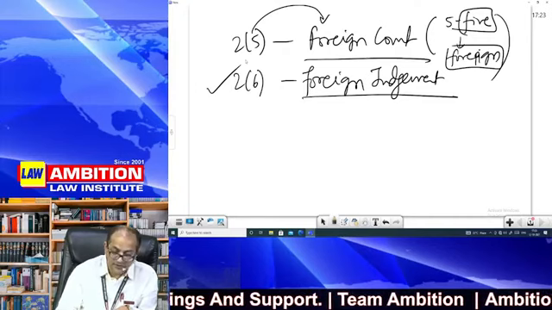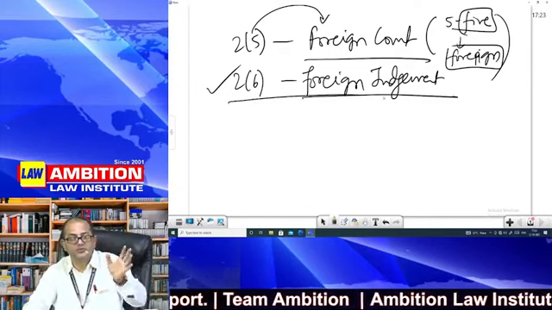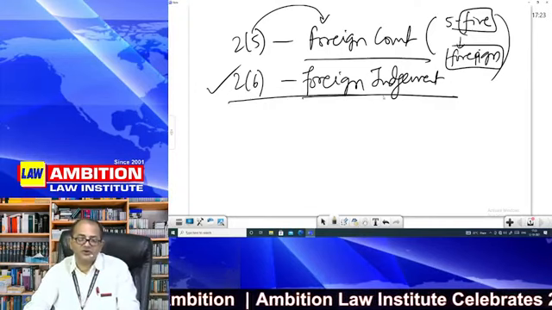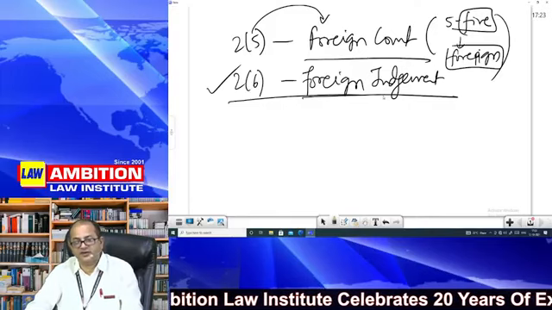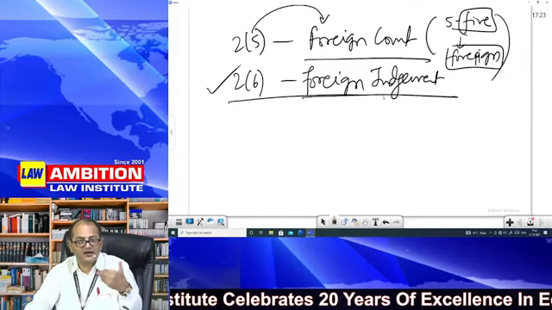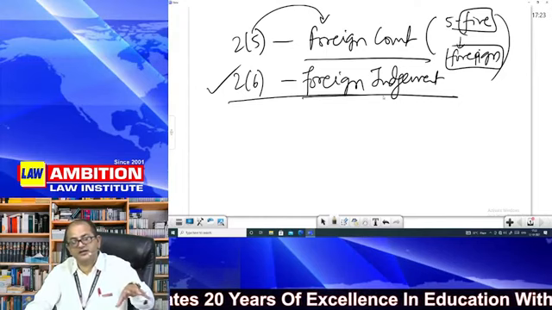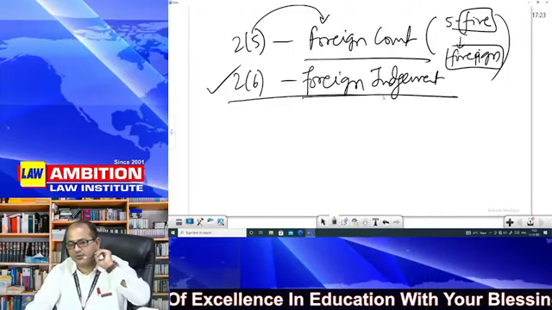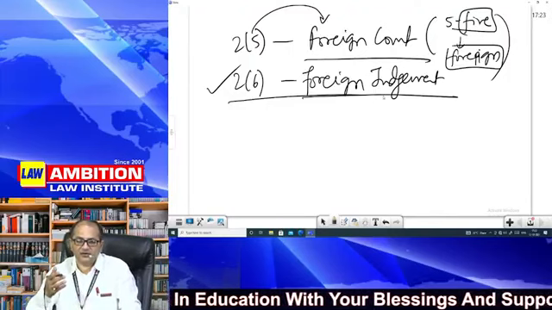So after this 6, so 2-1 you know, C, 2-2, 2-3, 2-4, you know, 3 Ds. Then 2-5 foreign and 2-6 also foreign. In first it is foreign court, in second it is foreign judgment. Foreign court, foreign judgment is used in CPC sections 13 and 14, I told you. So you are not required to force yourself to memorize all these things, you just see carefully that you can do it.